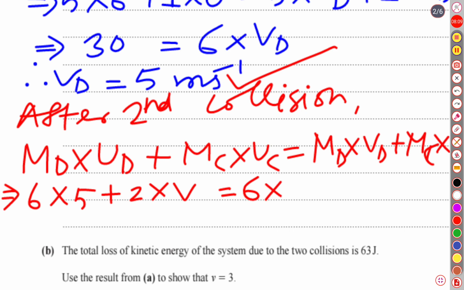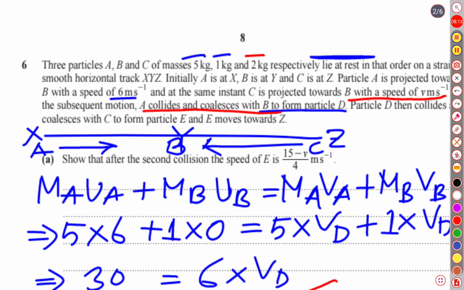The final velocity is to be obtained after the collision. Actually, D then collides and coalesces with C. So it is C plus D together. It is now E, the name of the new particle.